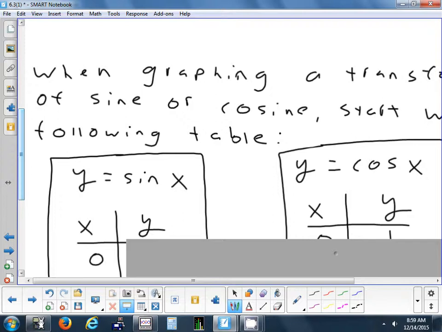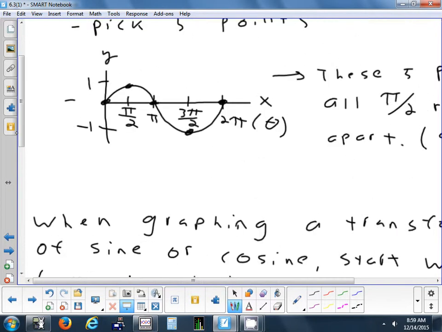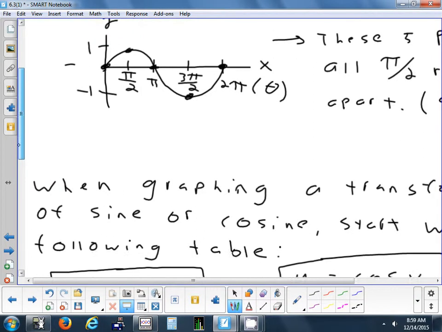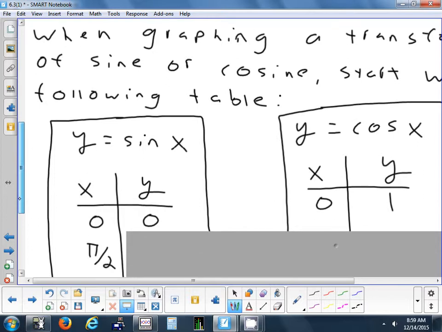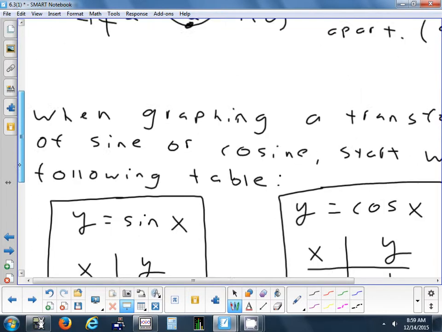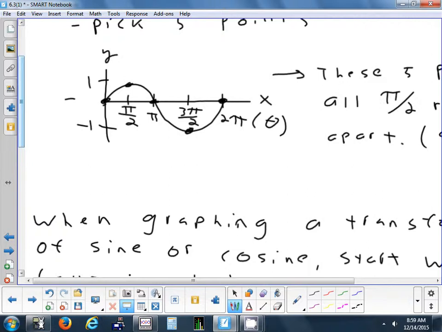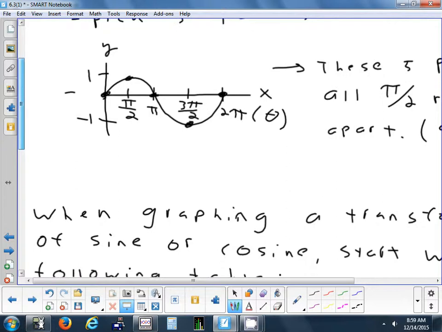When x is at 0, I'm going to look at my graph of sine. Y is also at 0. So that's 1 point on sine: 0, 0. How about pi over 2? When x is pi over 2, what's my y value? 1. Yep, I'm up at 1.